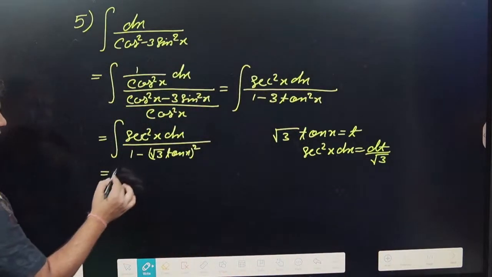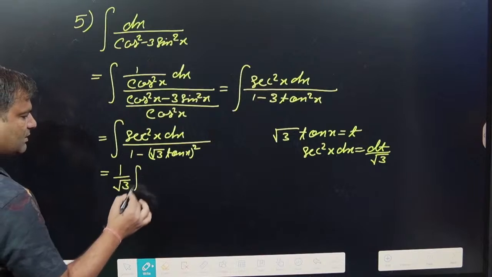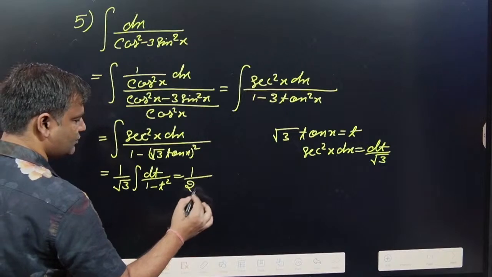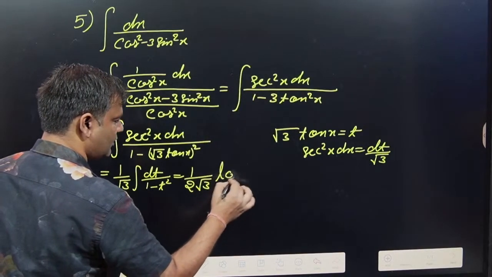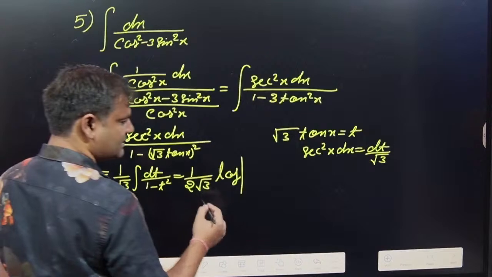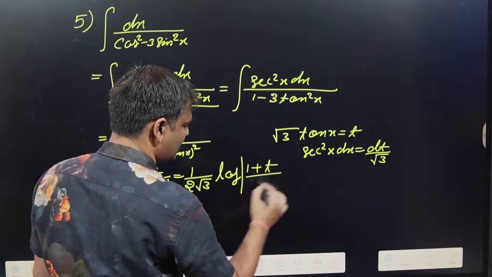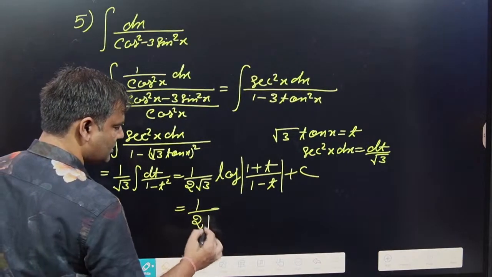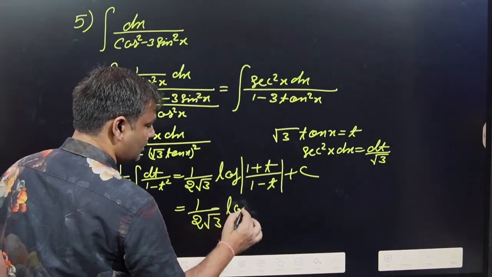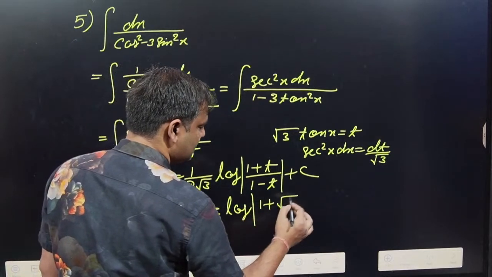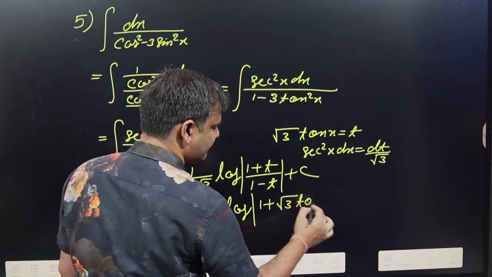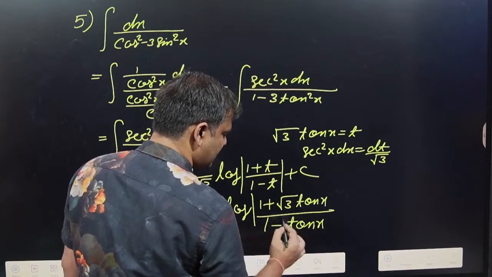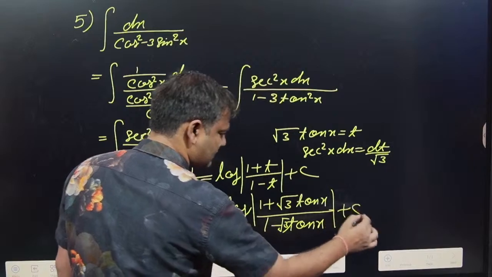So 1 by root 3 times dt divided by 1 minus t square gives 1 by 2 root 3 times log of (1 plus t) divided by (1 minus t) plus c. Replacing t with root 3 tan x, it is written as log of (1 plus root 3 tan x) upon (1 minus root 3 tan x) plus c. I hope it is clear.